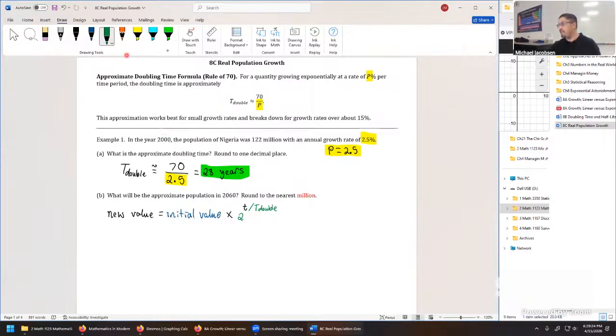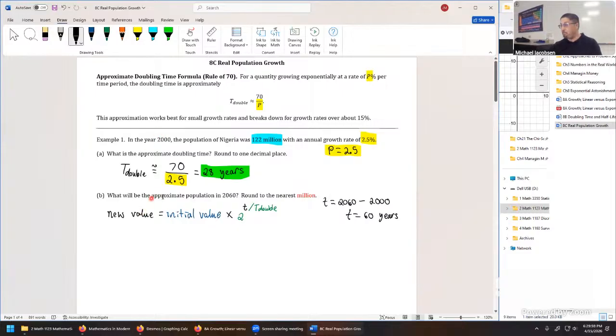So if we have an initial value of 122 million, and it's based in the year 2000, that means time itself, the t variable in this formula, is going to be 2060 minus 2000. So we're really finding the population after 60 years have gone by, since the 122 million is based on the year 2000. So T equals 60 years.